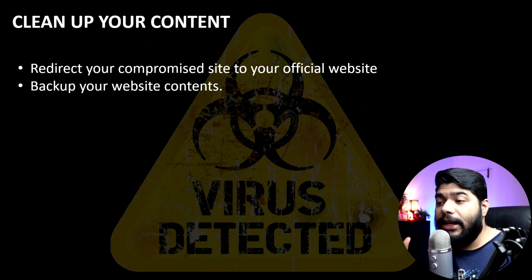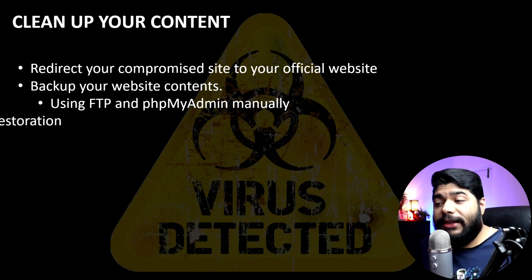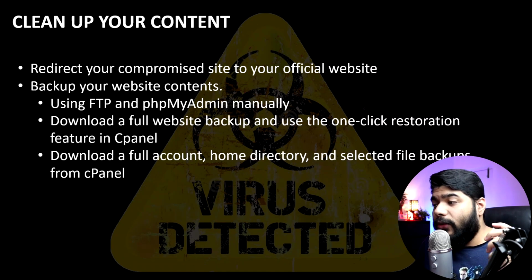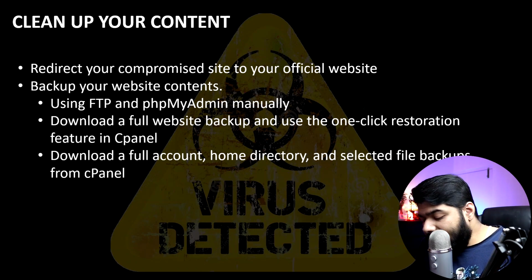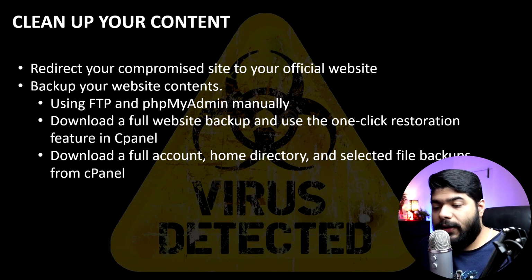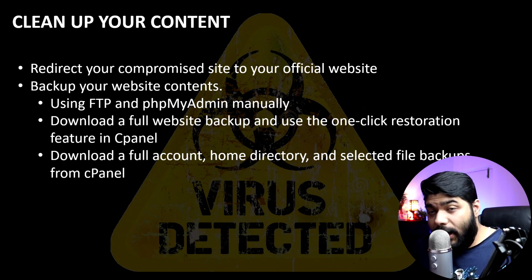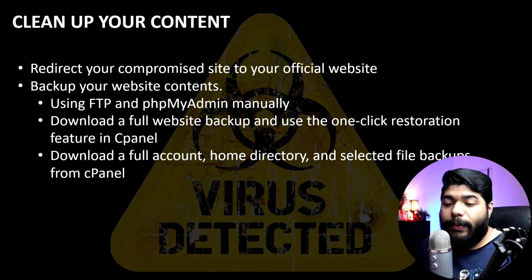Okay, so that's important. Second point is obviously important: back up your website content. So what do I mean by backup? There are obviously some processes by which you can do the backup. You can simply use your FTP server and take the full backup from your phpMyAdmin manually, considering you are running your page on WordPress or something like PHP.